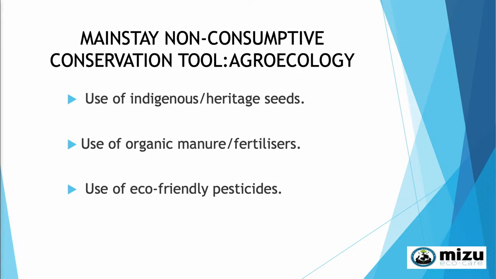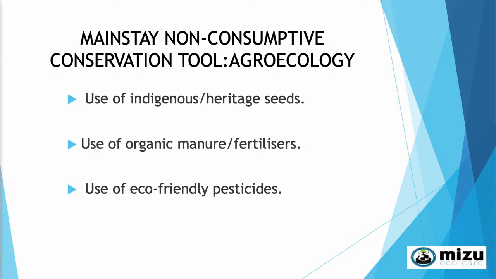I refer to agroecology as the mainstay conservation tool because it's probably the best ally that conservation has, and I'll explain why. Agroecology is a practice, it's a science, and it's a social movement that's growing in Africa. It promotes the use of indigenous seeds and heritage seeds.